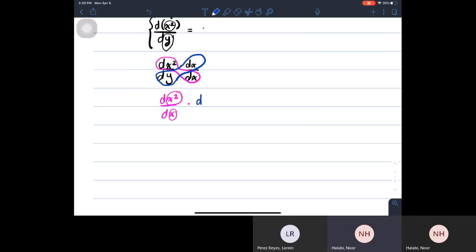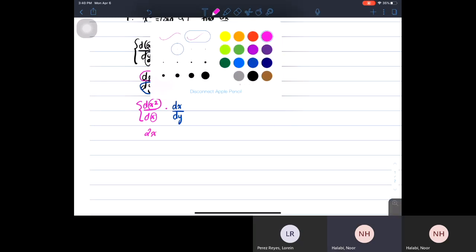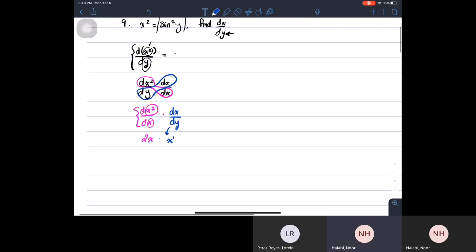So I am now left with dx over dy. This one gives me 2x, and this one gives me x prime. And that's how this thing is solved.